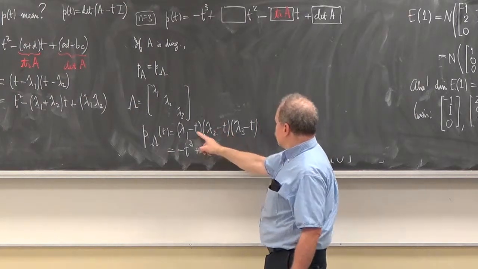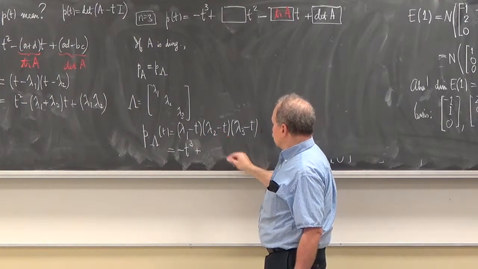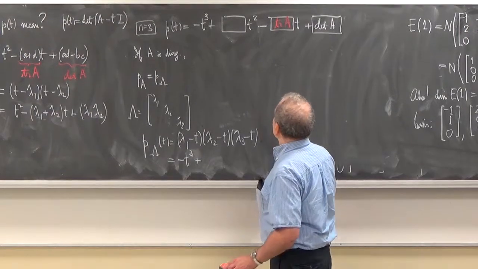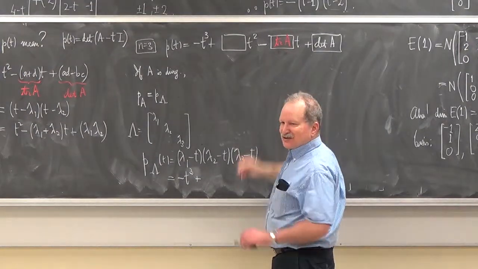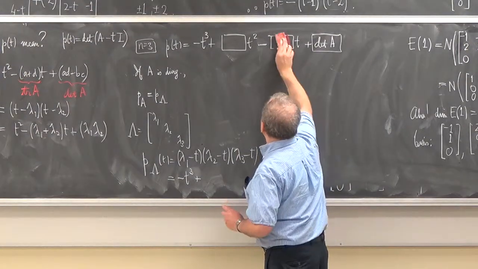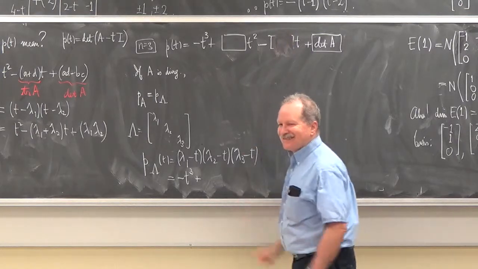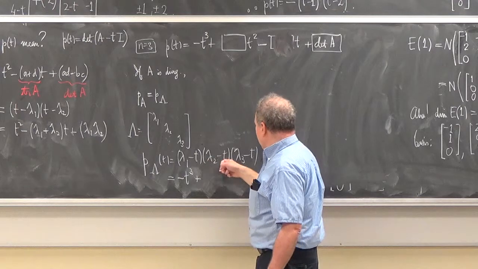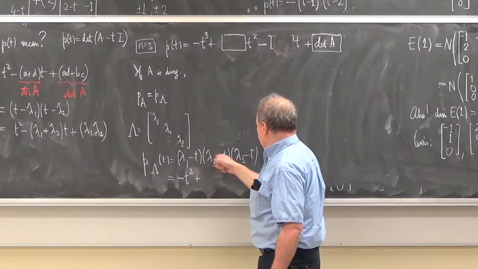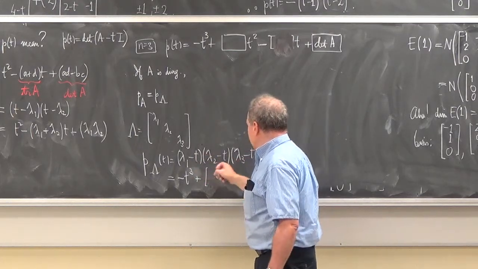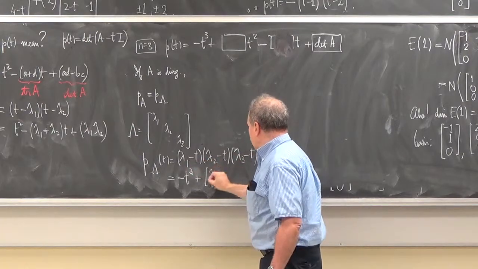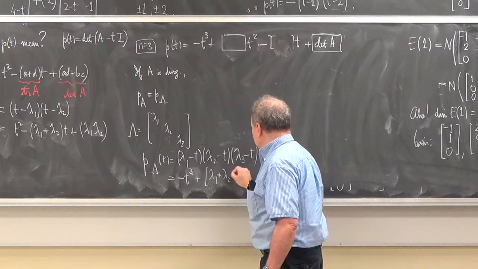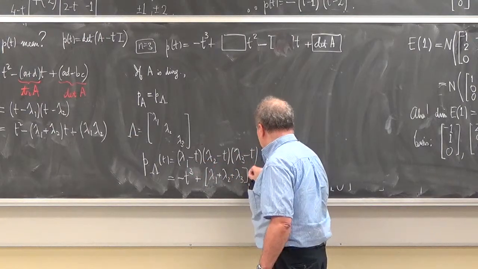Well, if you're going to get a t squared, what am I going to get? T squared will have a lambda 3, and another term will have a lambda 1. So I'll have the sum of the lambdas times t squared.